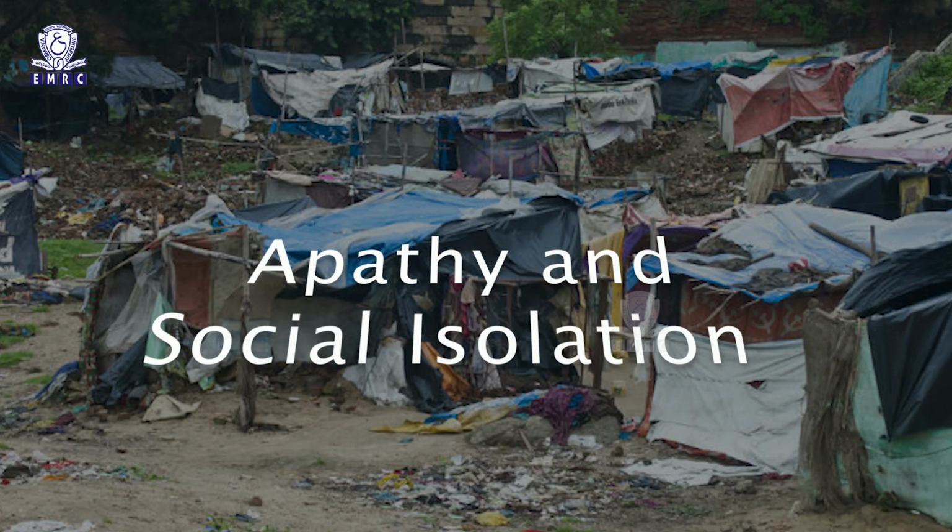Although these cultural patterns are typical of the slum, they vary from one ethnic group to another, from one society to another. The other characteristic is apathy and social isolation. Every residential area within the modern city tends to be socially isolated from others, partly by choice and partly by location.